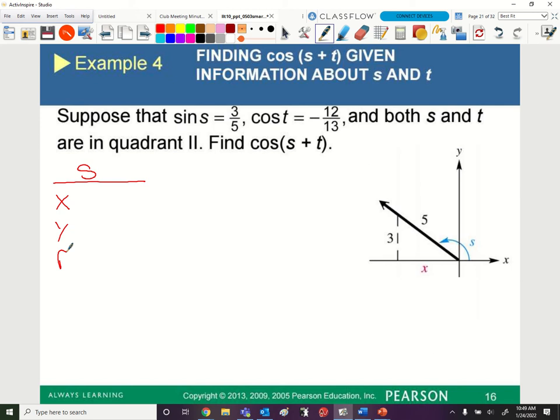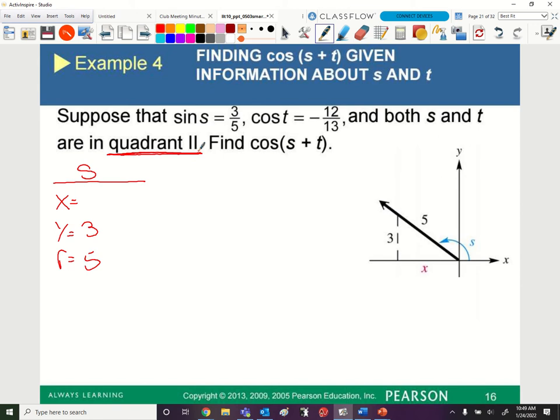So sine is supposed to be y over r, so my y value is 3, my r value is 5. So I'm going to use the Pythagorean theorem to find my missing unknown value. So both S and T are in quadrant 2, so that's going to tell me if it's going to be plus or minus.